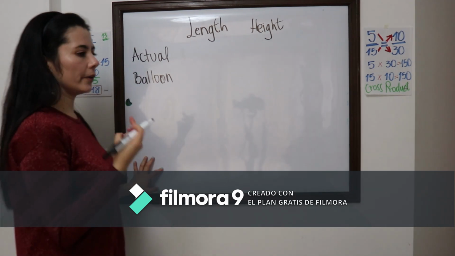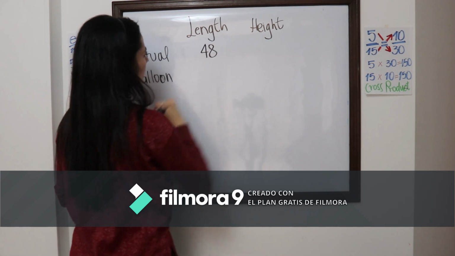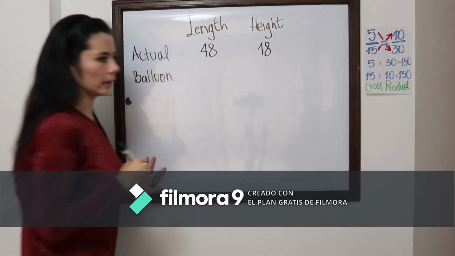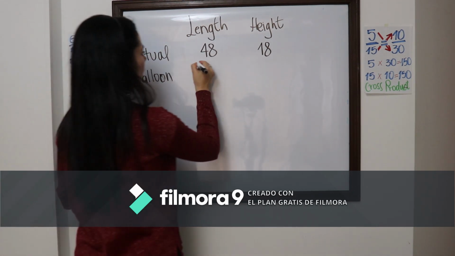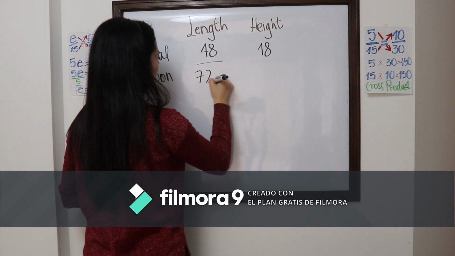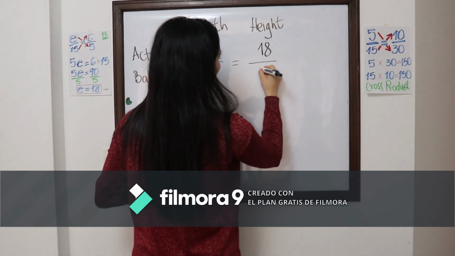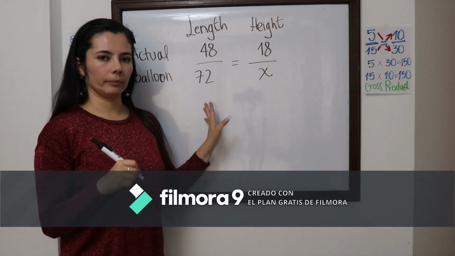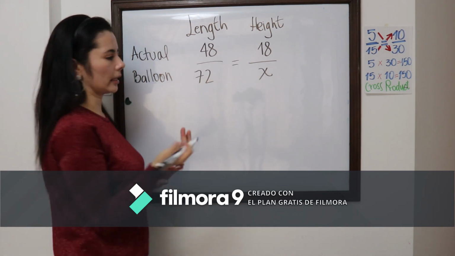And if you think about the chart, we had 48 in the length, and we had 18 in the height for the Tyrannosaurus. And then the problem says that the length of the balloon is going to be 72 feet. And we need to find what the height is going to be, so we can get the proportion here, okay?